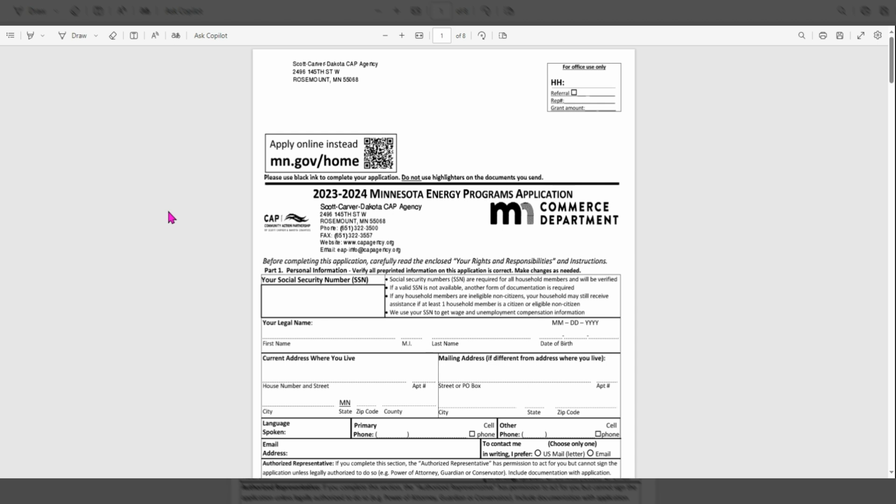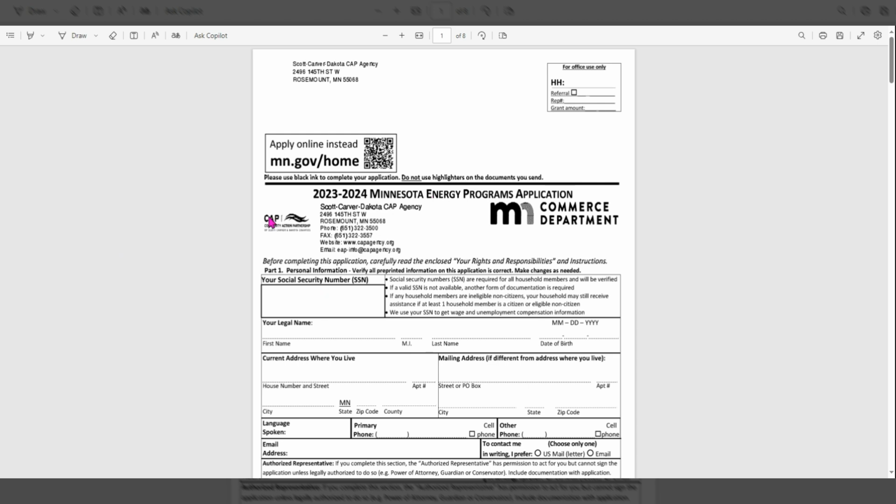So of course, this is the application for last program year, and we can easily tell that because of the 2023-2024 year right here. So for next program season, you are going to see 2024-2025 Minnesota Energy Program application. I just want to draw your attention to the left-hand corner of the application.